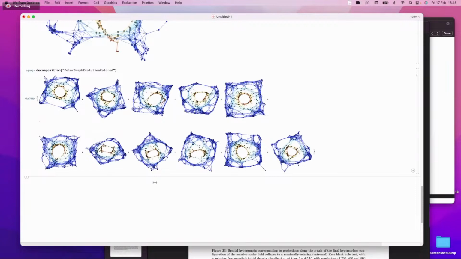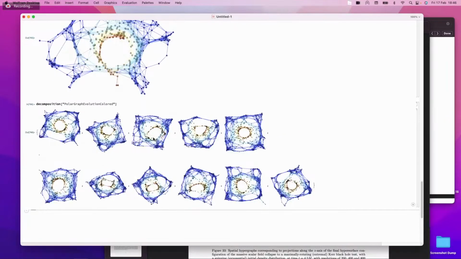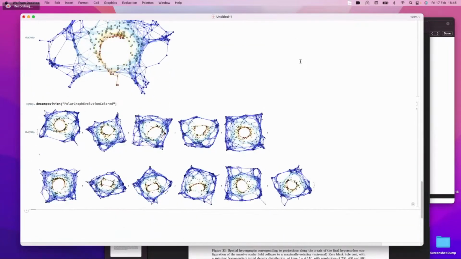In the general case, we take the initial data and produce a hypergraph by a Poisson process that agrees with the continuum metric up to some discretization scale. Then we evolve it in time as a Cauchy problem using, in this case, the ADM equations, although there's experimental support for BSSN and CCZ4. I hope to also support other kinds of initial value formulations.